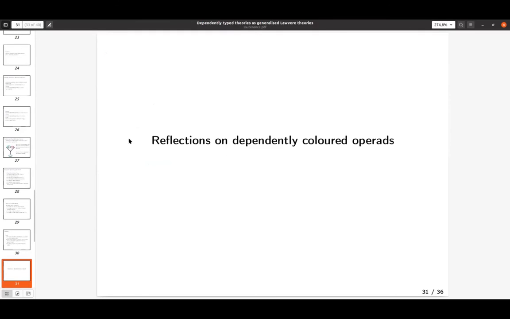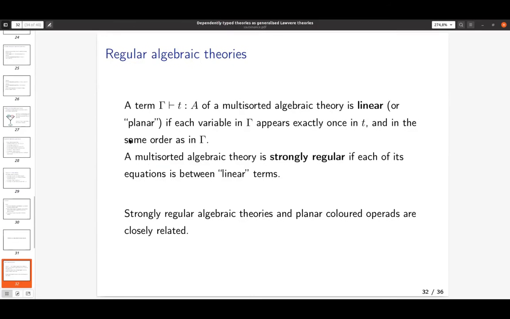Right. So in the couple of minutes that I have left, I'm going to talk about what a linear version of something like this should be. And I'll use planar colored operads to motivate this.